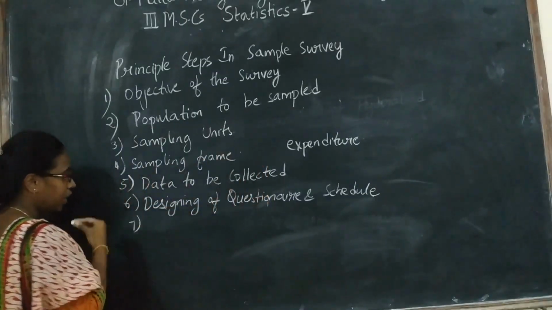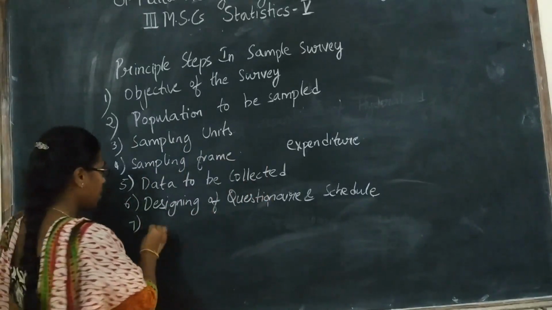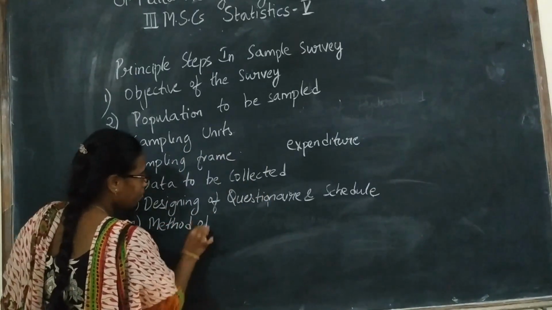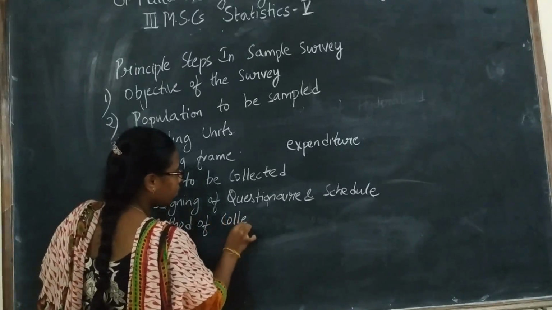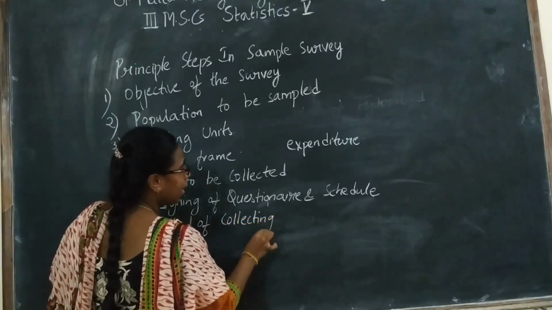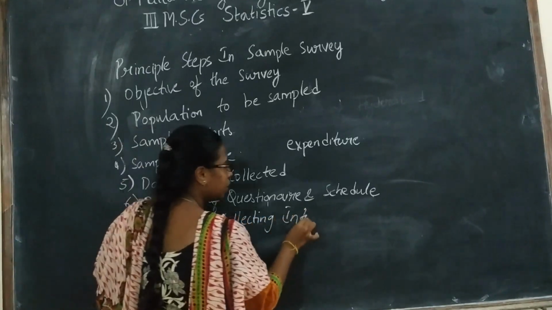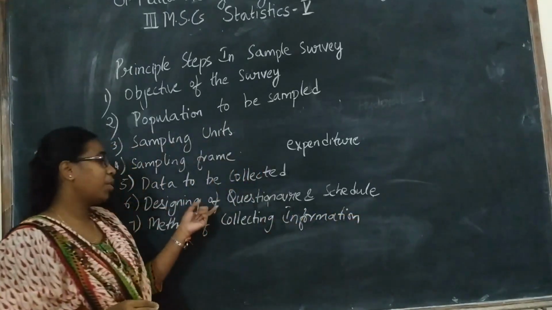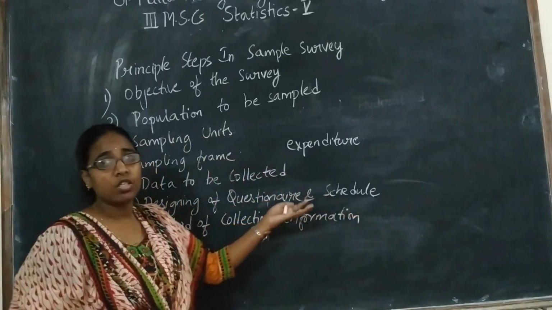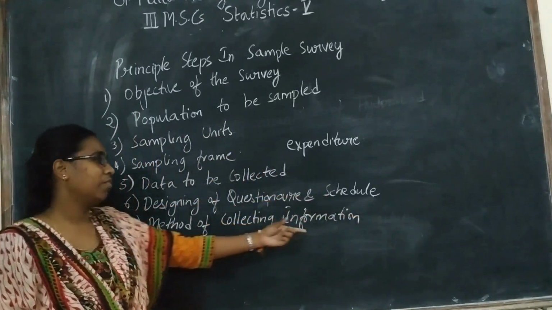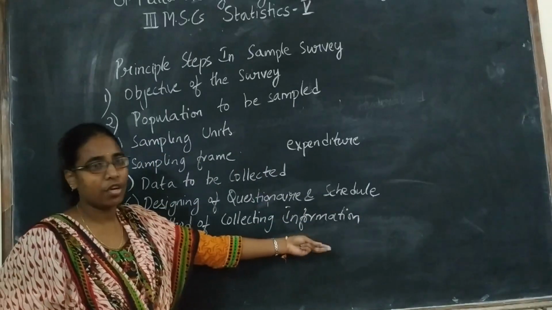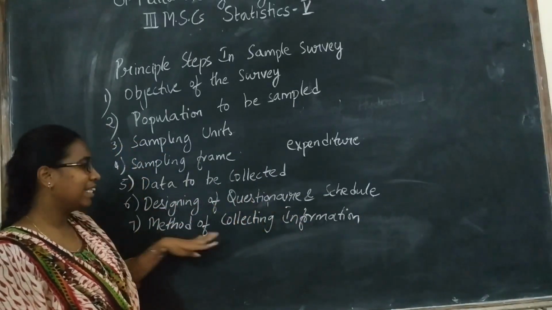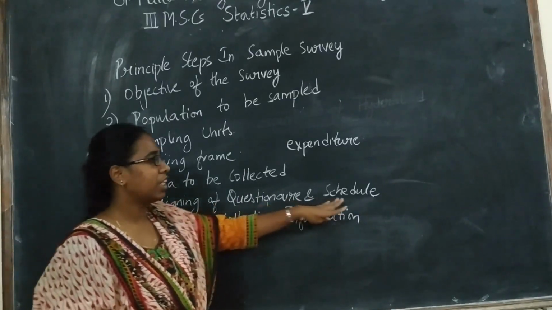After questionnaire and schedule, next one is method of collecting information. We have prepared a questionnaire and schedule, so how will we fill that? You want information, and if you arrange that information, that is called data. So how do you collect that information? Using questionnaire and schedule, right?